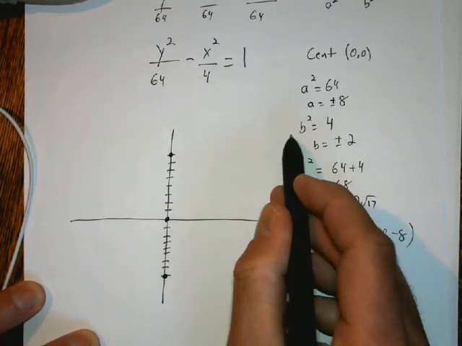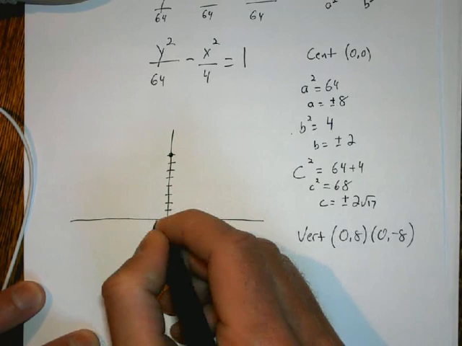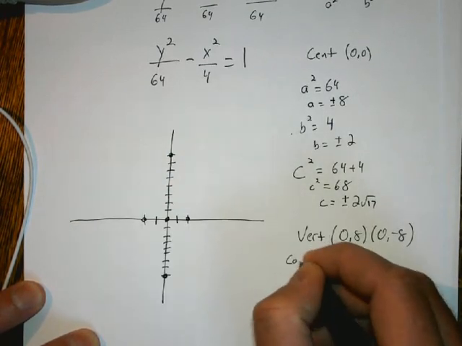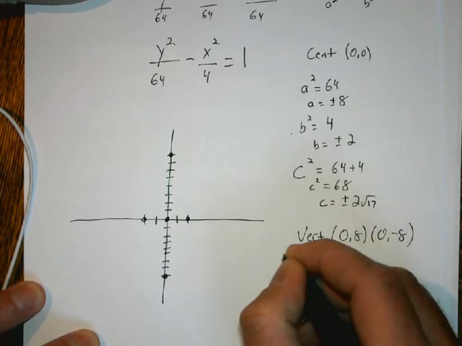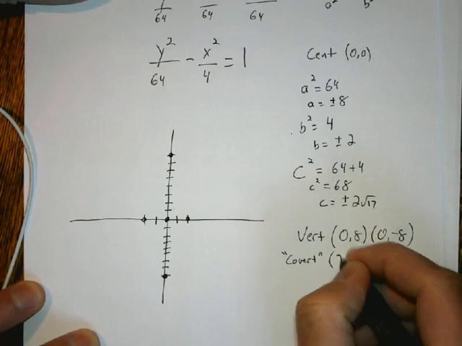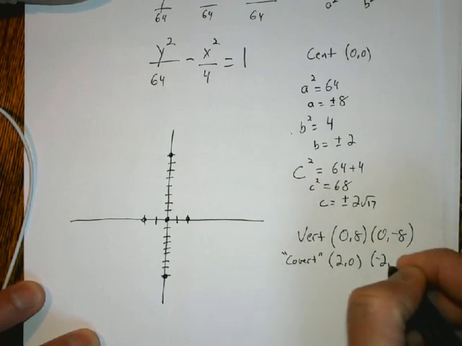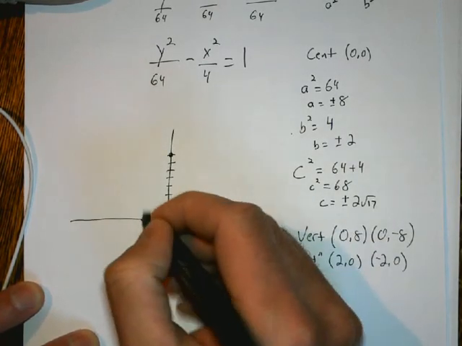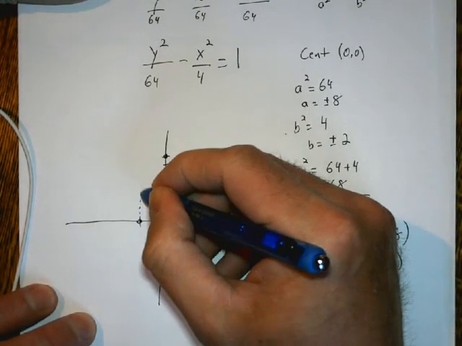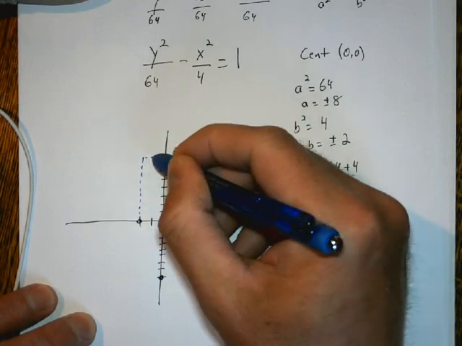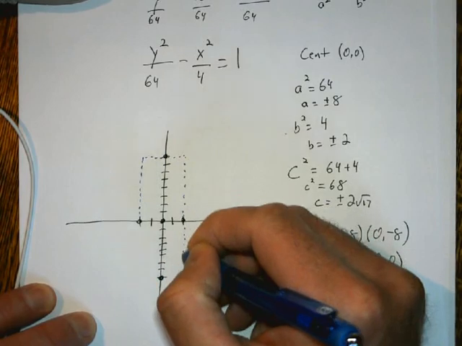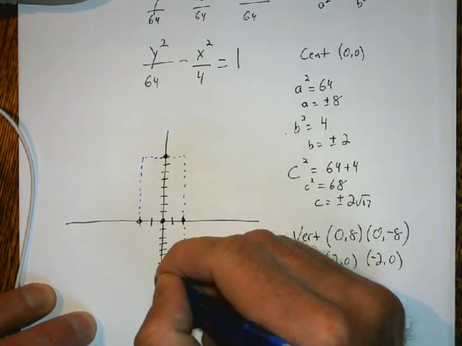Co-vertices at b values, 2 and negative 2. Technically that's not on the graph, but we still use it for graphing purposes, at 2, 0, and negative 2, 0. Now we draw in our imaginary rectangular box so we know where our asymptotes are going to go. This might be a little bit difficult to draw on the screen with all the dots, but give it a shot. You should be okay.